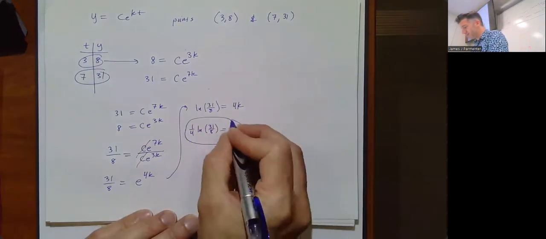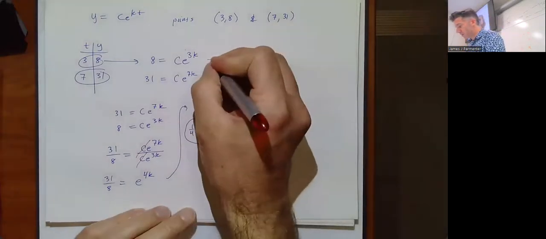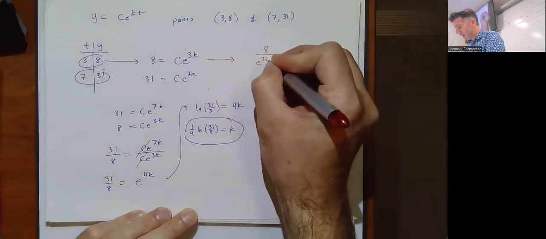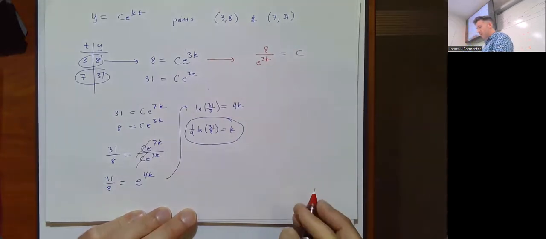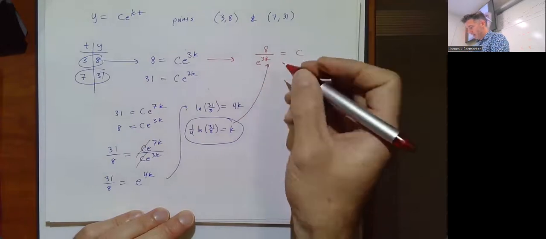But we're not done. We still have to find c. So to find c, take either one of these equations, it doesn't matter which one, and solve for c. So we take this first one and solve for c, we get 8 divided by e to the 3k is equal to c. And then substitute this in for k.